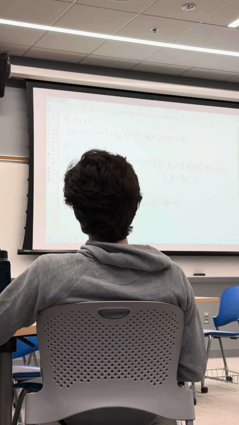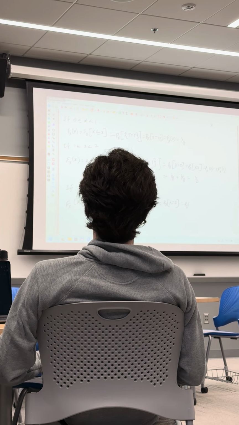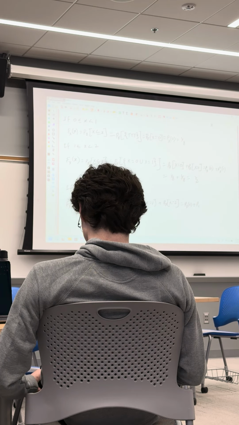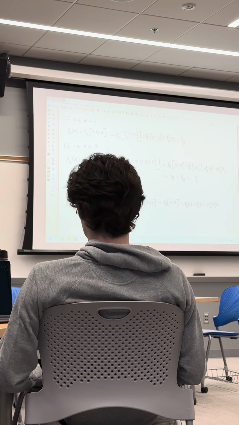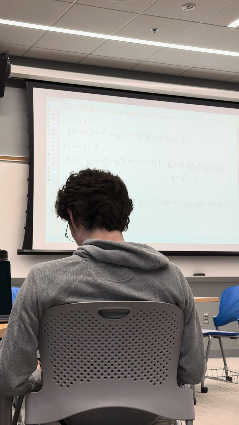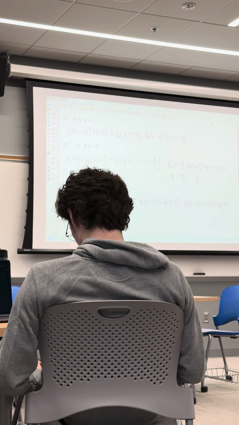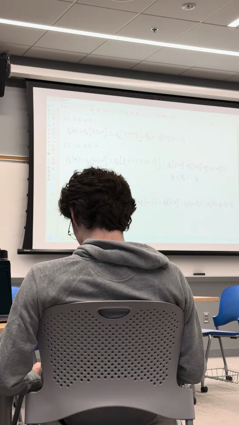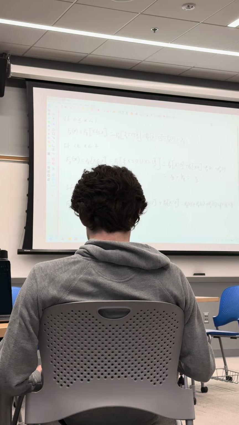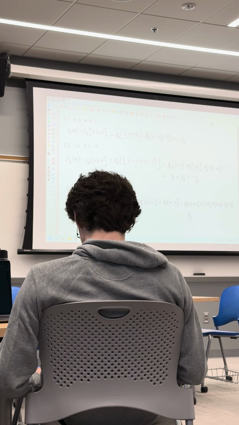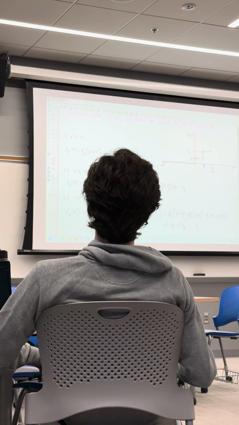This is basically the PMF at 0 plus the PMF at 1 plus the PMF at 2, which is 1/8 plus 3/8 plus 3/8. So it is going to be 7/8. So now you go back to your plot.